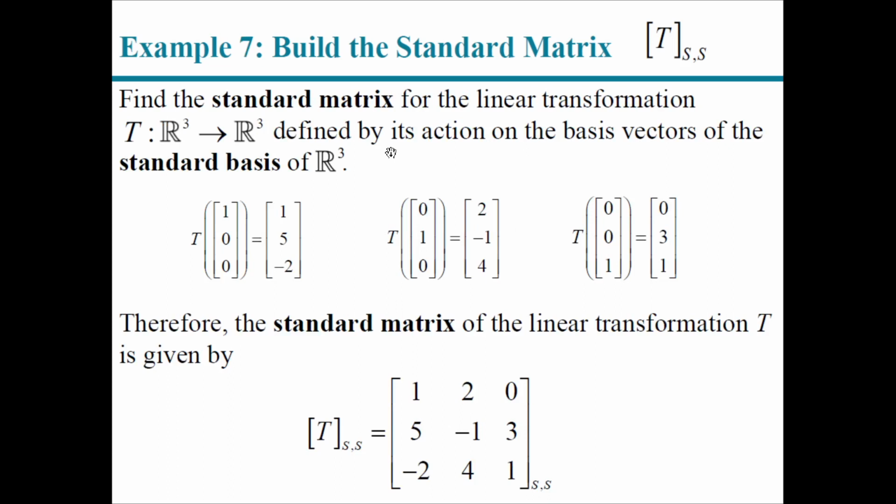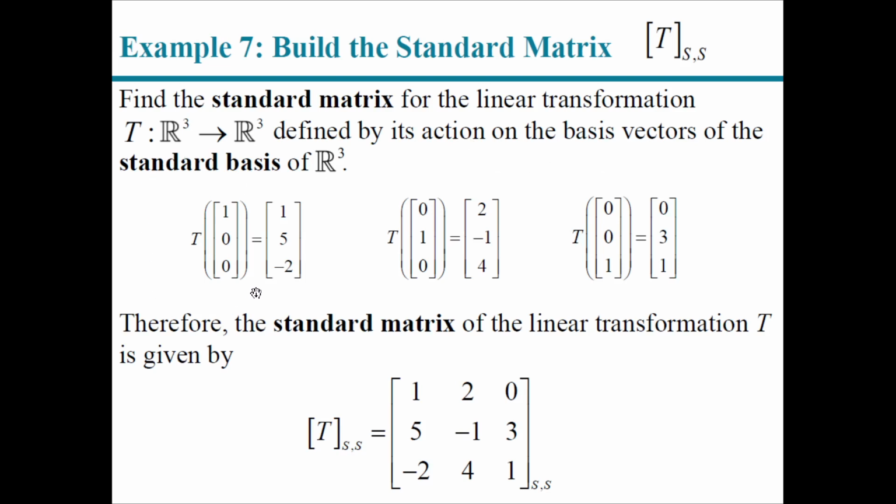In this example, the standard matrix for a linear transformation is given, but the linear transformation itself is not given. We know that a linear transformation is defined by its action on the basis vectors of the standard basis of R3 here.